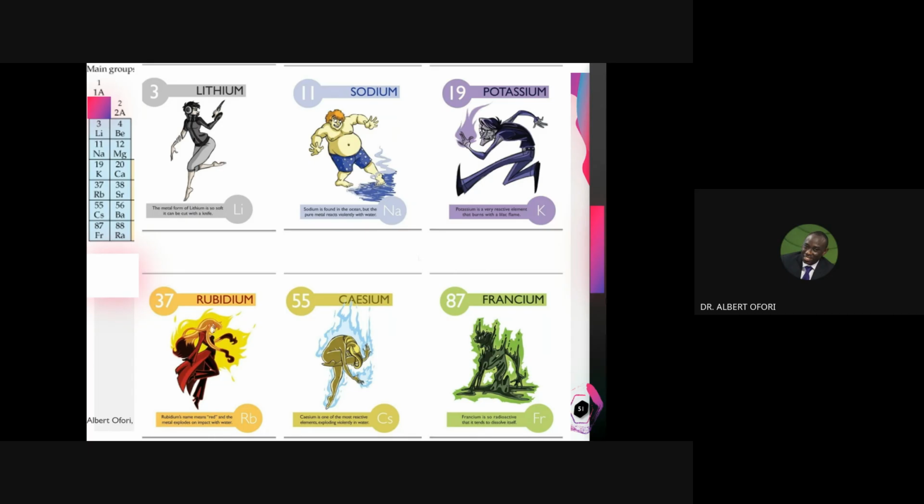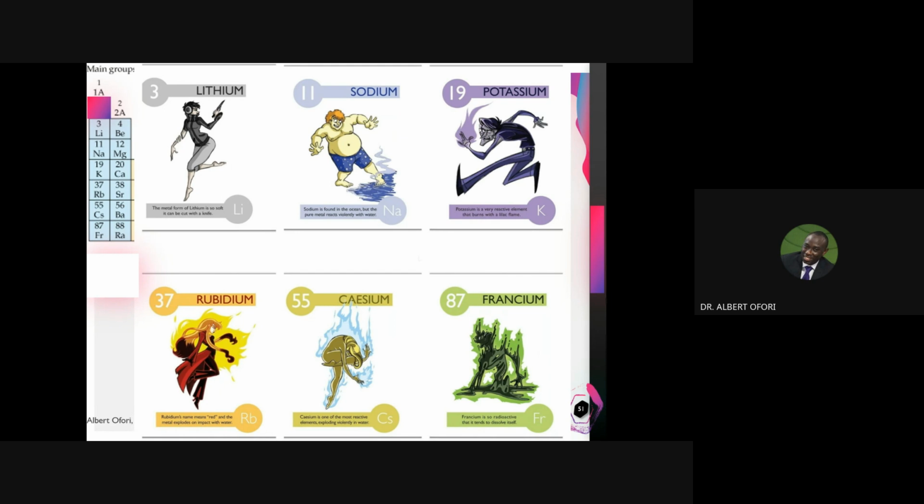So that's sodium. Sodium is found in the ocean and the earth's crust. But sodium reacts vigorously with water and produces heat, giving hydrogen gas and sodium hydroxide. It doesn't like water at all. I don't know if you have prepared sodium hydroxide solution before.